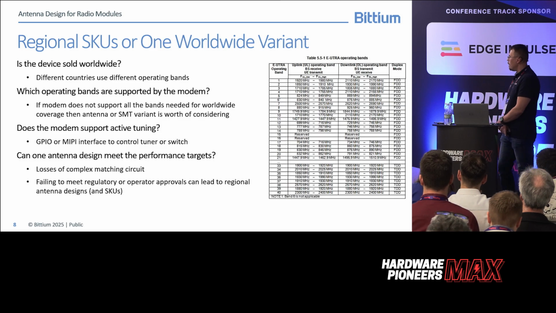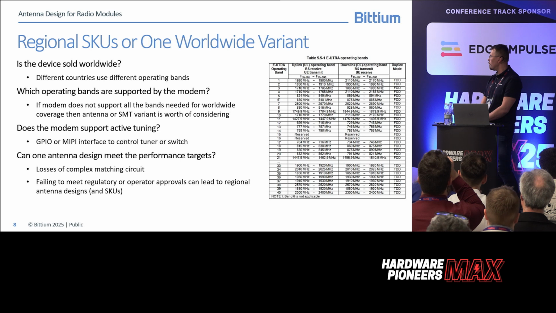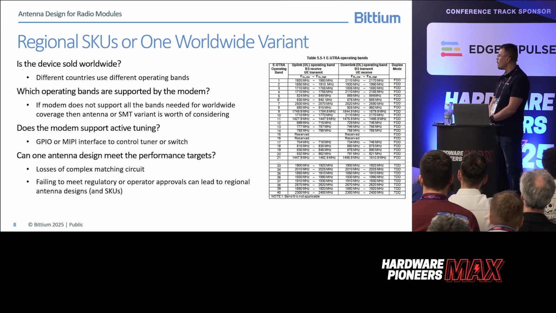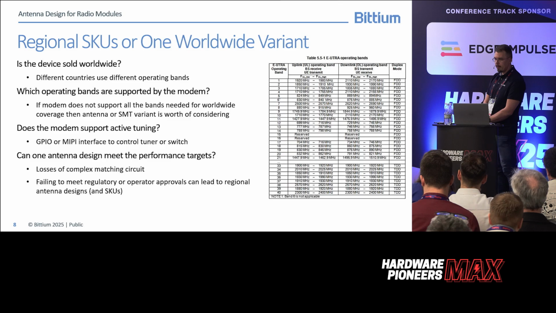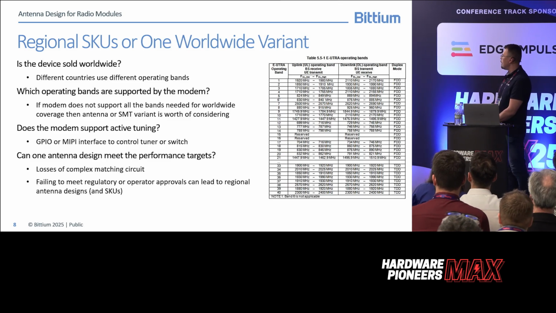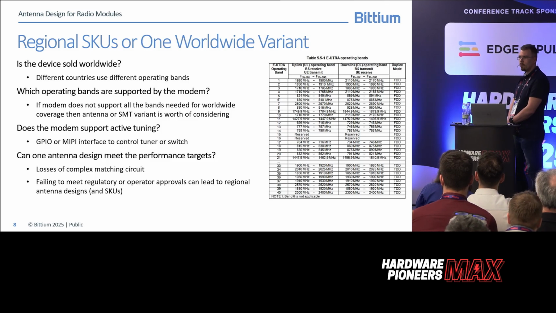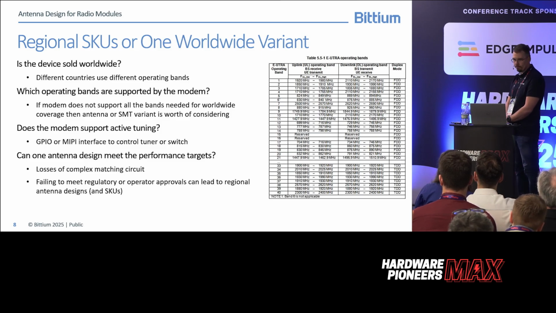And failing to meet regulatory or operator approvals can lead to regional antenna designs. One option is also to use active antenna tuning, which means you have a capacitance bank or switches that tune the antenna to different operating bands via GPIO or MIPI interface.